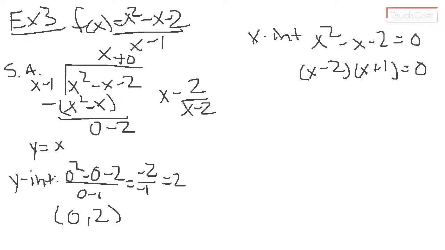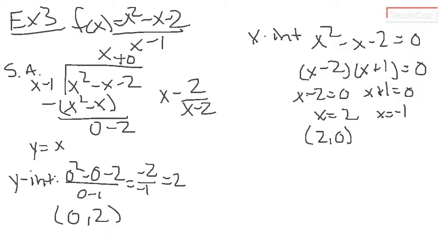So if we set each of these equal to 0 separately, we'd have x minus 2 equals 0 and x plus 1 equals 0. We would have x equals 2 and x equals negative 1. So our x-intercepts, we've got 2 of them this time, are going to be at the point 2, 0 and negative 1, 0.